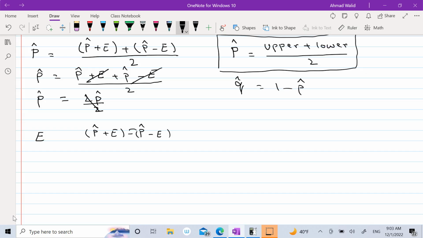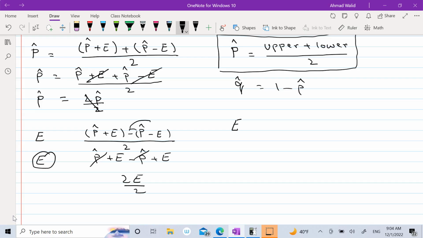If you distribute the negative and simplify, p hat and p hat cancel out, and it gives you 2e. To make it equal e, you have to divide by 2. Then I can create this formula for you.